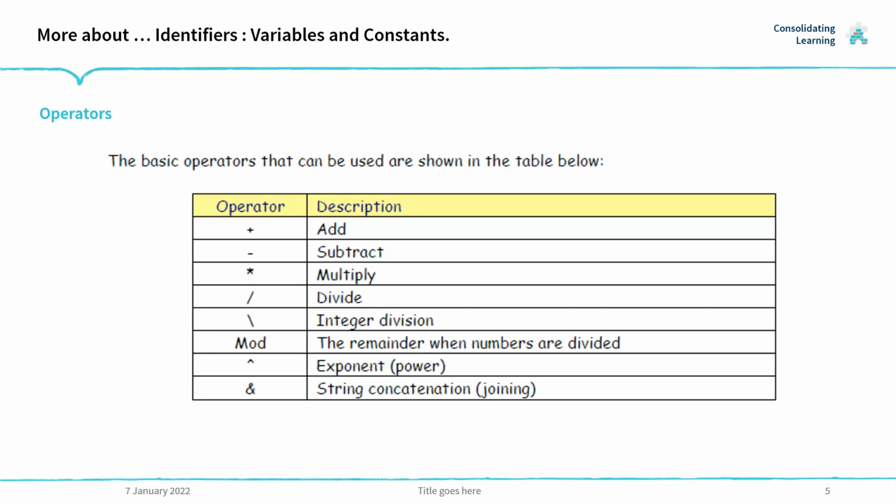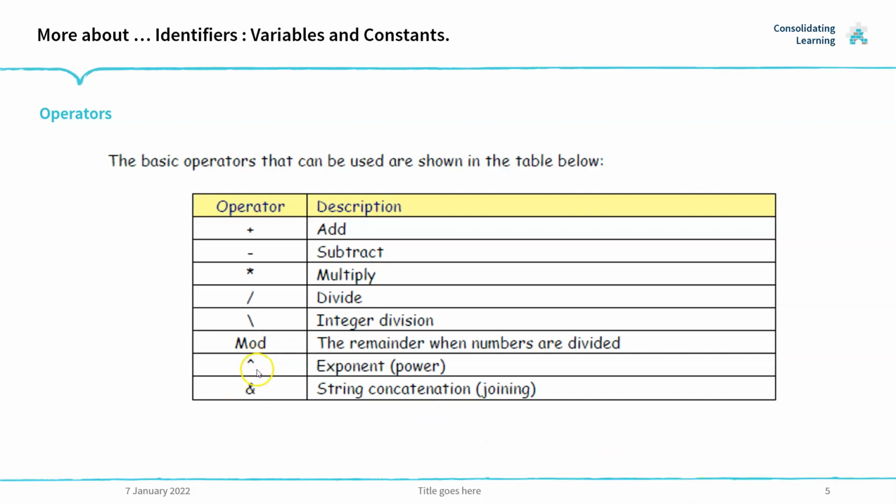Because you're only looking for the whole number. Mod is the remainder when the numbers are divided. So for example, 7 divided by 2 is actually 3 remainder 1. However, the answer will just give me 1.